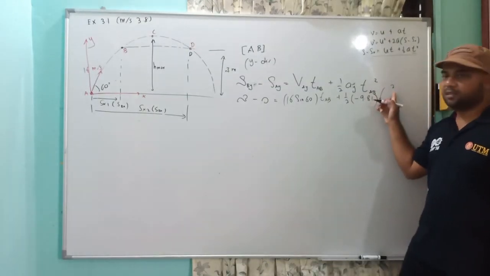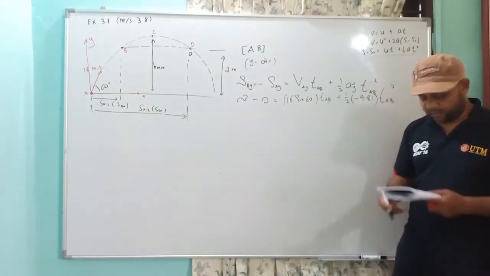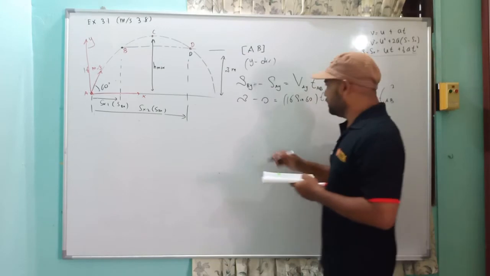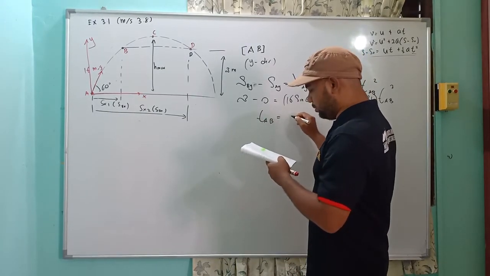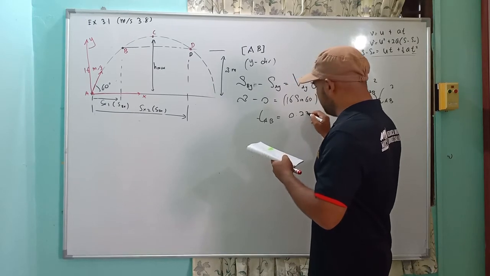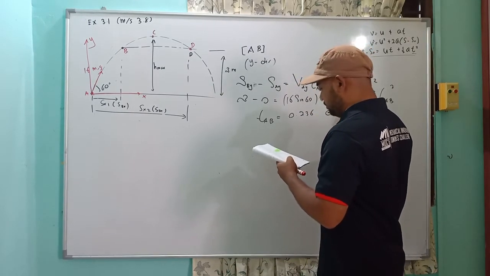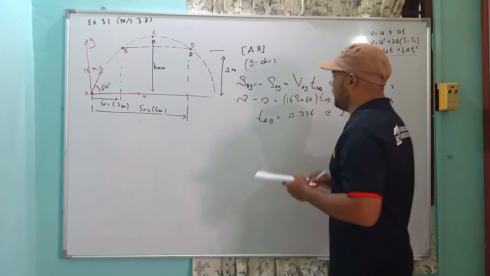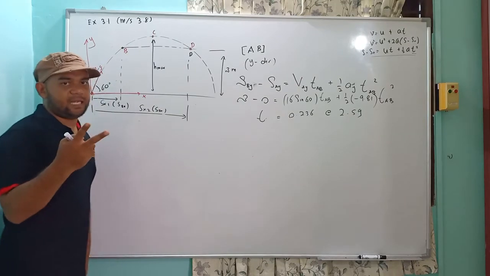You have the square of tAB here, so you can solve this equation using your calculator. Directly you can have tAB equal to 0.236 or 2.59. Okay, the time. You have two times.